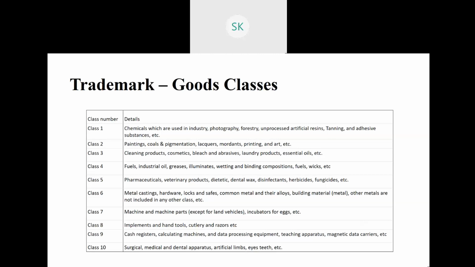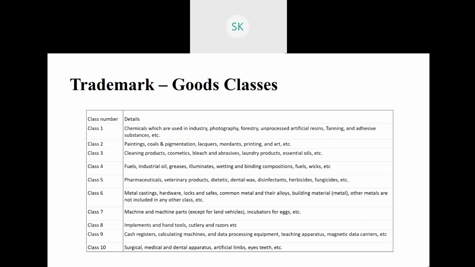Then class 5 is pharmaceuticals, veterinary products, dietetic products, dental wax, disinfectants, herbicides, fungicides. So these are related to healthcare or cleanliness, yes, hygiene. So this comes under class 5. Then class 6: metal castings, hardware, locks and safes, common metals and their alloys, building metal. Class 6 is a category of metals, which has different kinds of metals, cast metals, alloy metals, building metal, general metal, and many more.